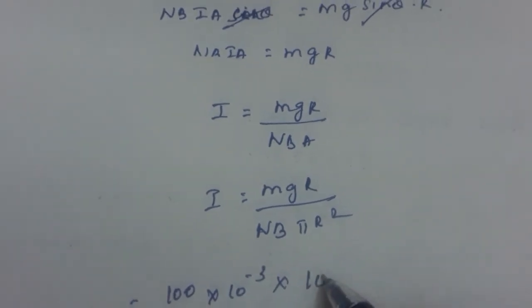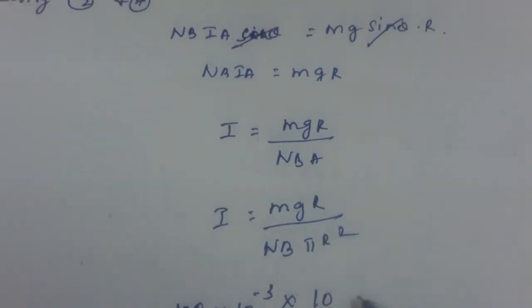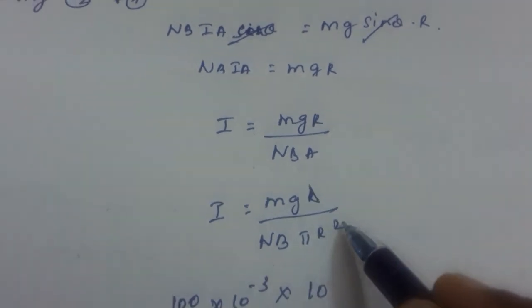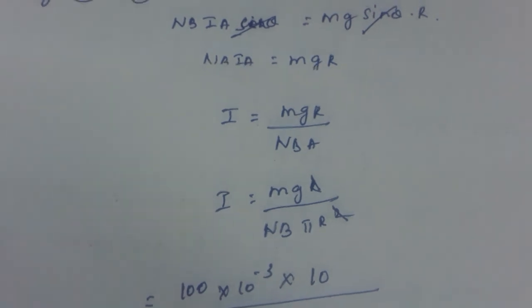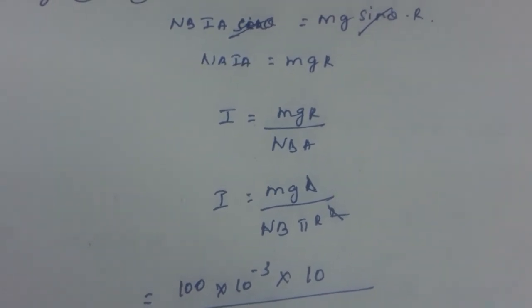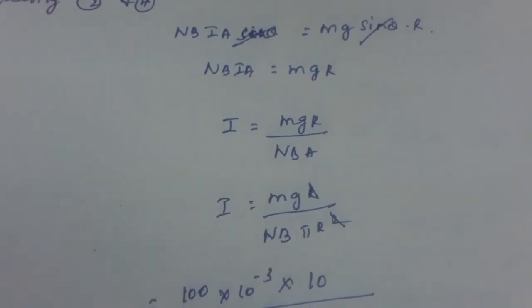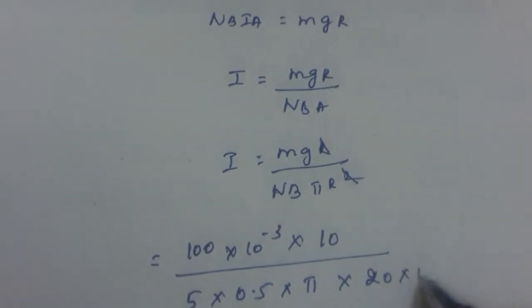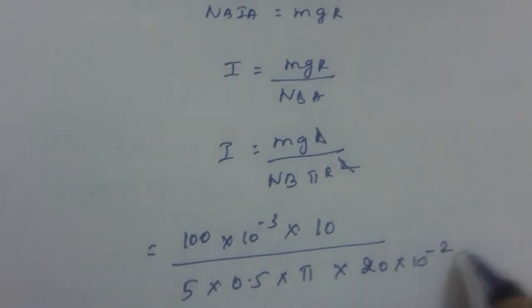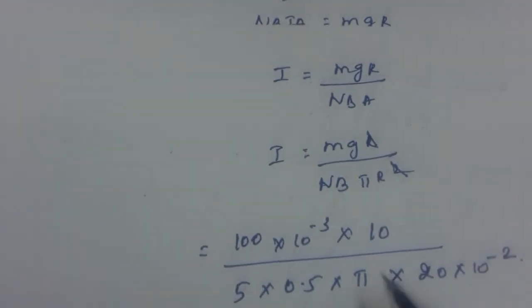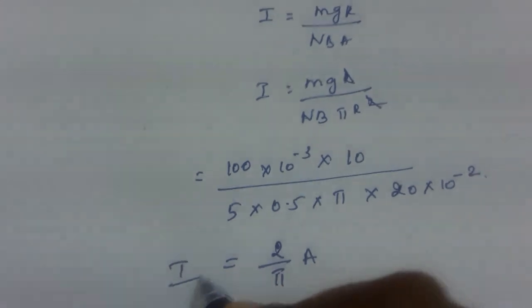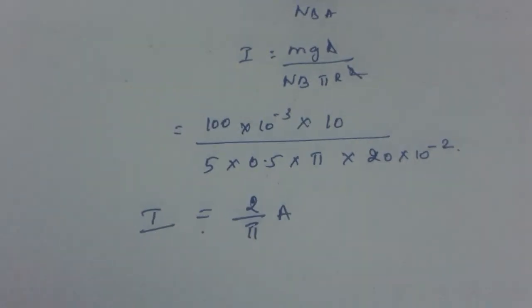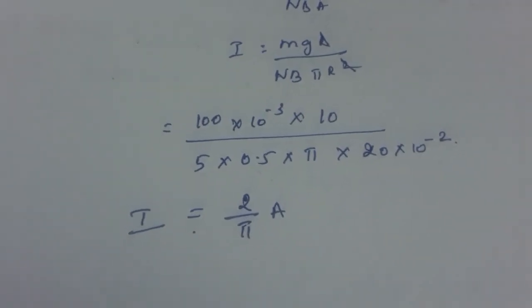I am going to take g as 10. Okay. And here one r and another r will get cancelled. n value is 5, B value is 0.5, into pi into r value is 20 into 10 raised to minus 2. So if you multiply and divide everything, you will get the value as 2 by pi ampere. So the current here, I is equal to 2 by pi ampere.